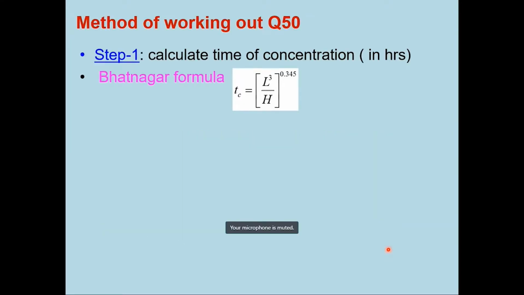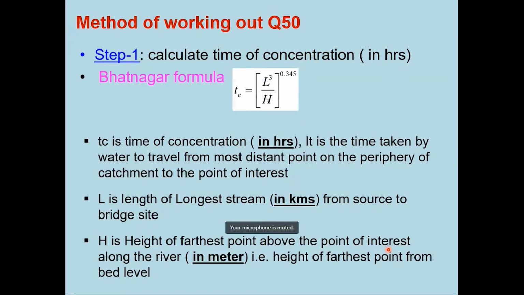Now the only factor left over here is TC, that is the time of concentration. So how is TC to be found out? For TC, there is the Bhatnagar formula.